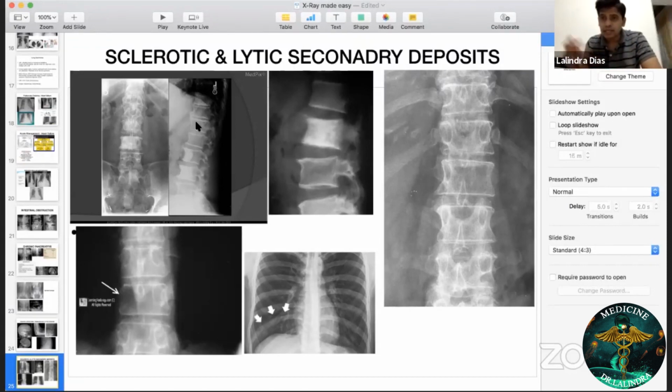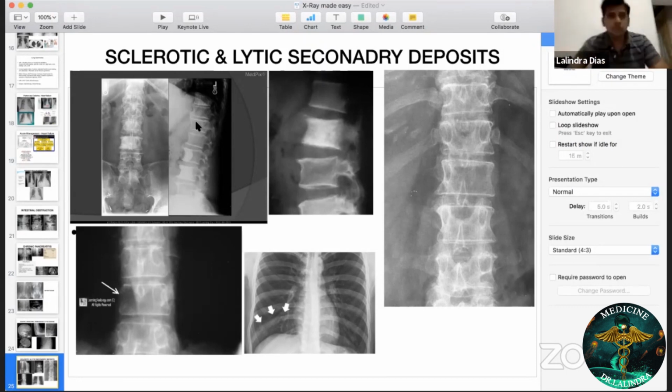Secondaries you can get in the brain, in the lungs. What do you call that in the lungs? Cannonball metastatic deposits. I showed you the X-rays. You can get them in the bones, vertebral spine, in the skull. There can be deposits. Then you can get deposits in the liver. You can get deposits in the adrenal gland.